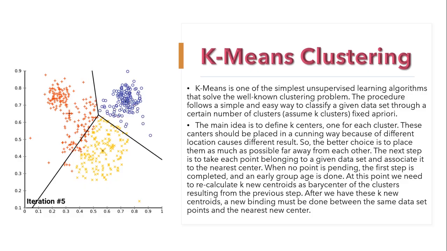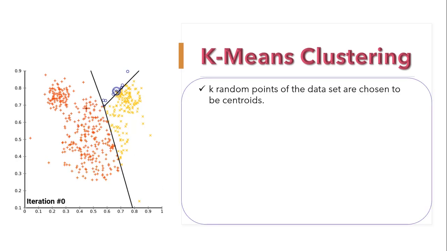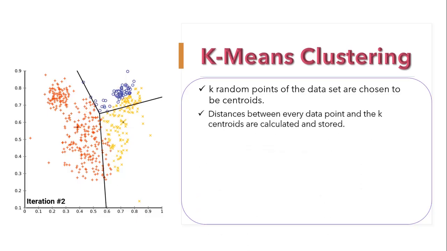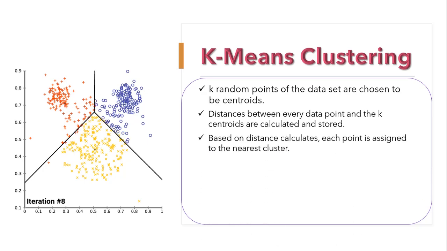So guys, let me mention the steps we have to follow for creating different clusters. First of all, k random points of the dataset are chosen to be centroids. Then the distance between every data point and the k centroids is calculated and stored. Based on the distance calculations, each point is assigned to the nearest cluster.